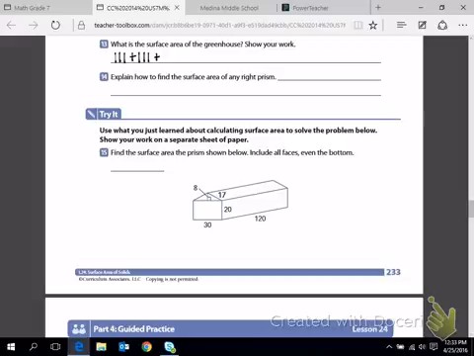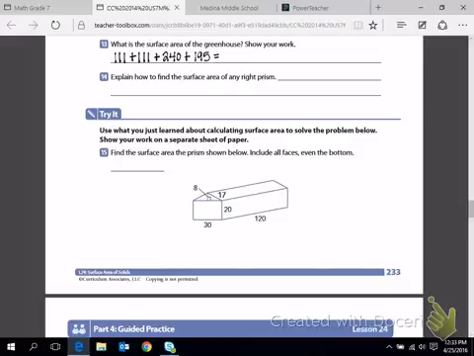So 15 times 8 is 120. And since we have 2 of them, that gives us 240. We also had 2 rectangles that were 15 by 6.5. So that's 97.5. Since there are 2 of them, we'll multiply by 2 to get 195.